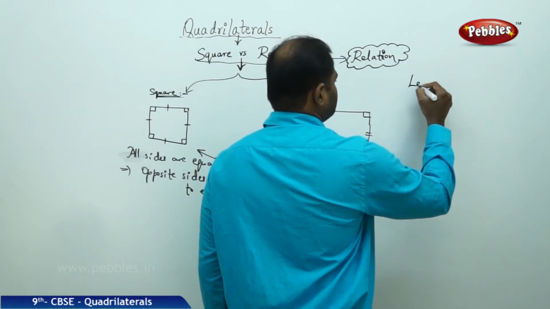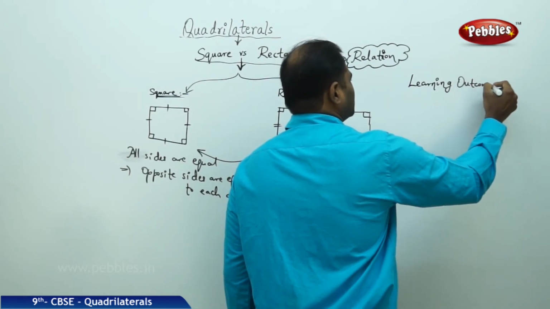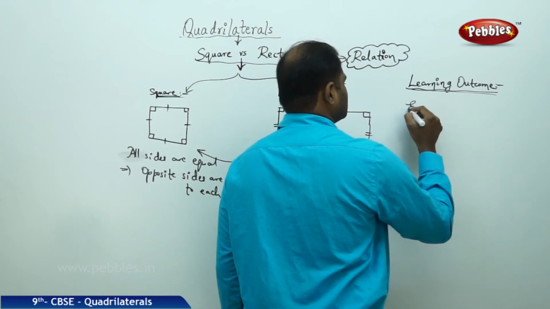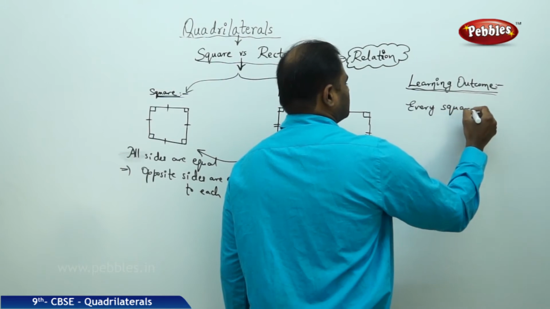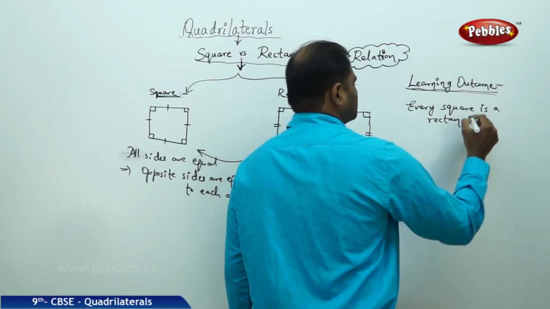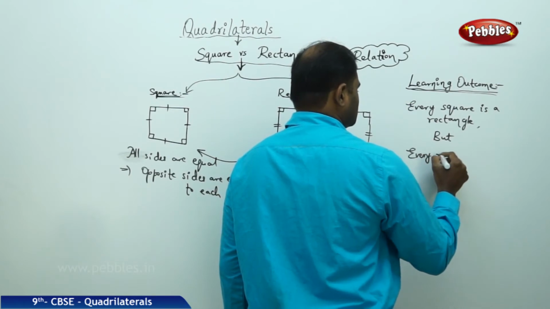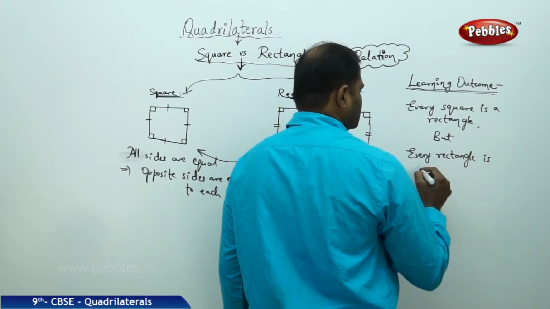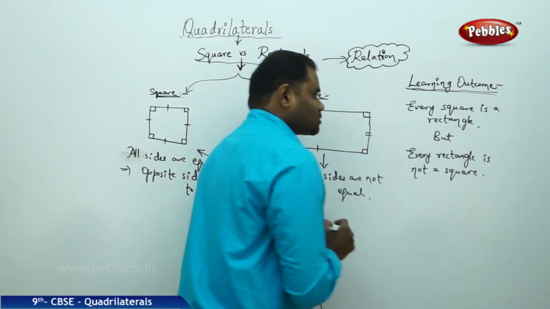Therefore, my learning outcome is that every square is a rectangle, but every rectangle is not a square.